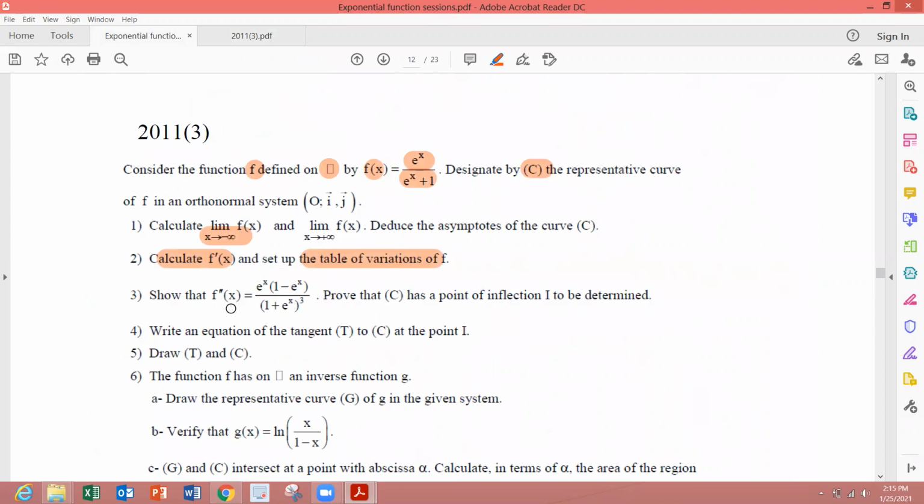Now, show that the second derivative f double prime equals e^x into 1 minus e^x over 1 plus e^x cubed, and prove that C has a point of inflection I to be determined.